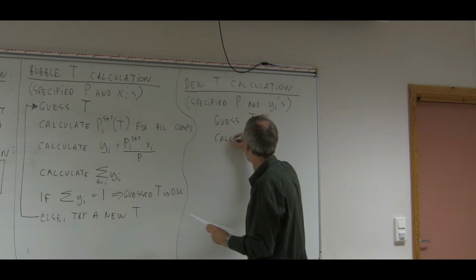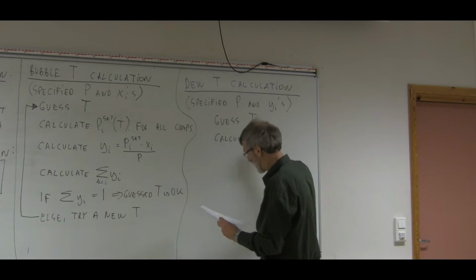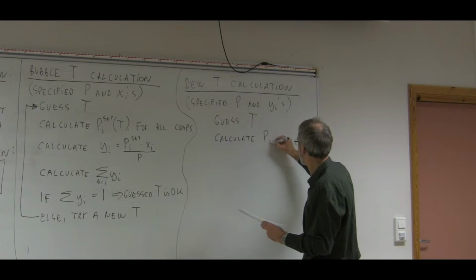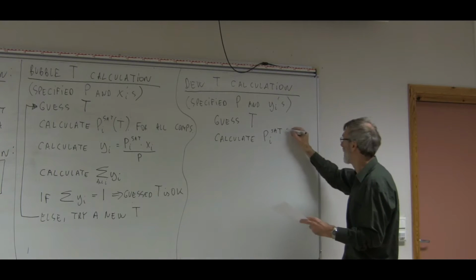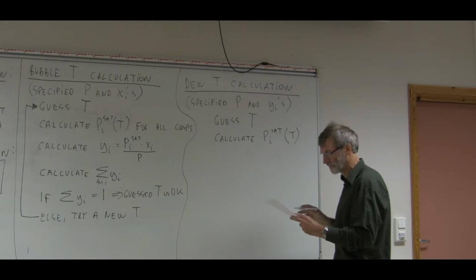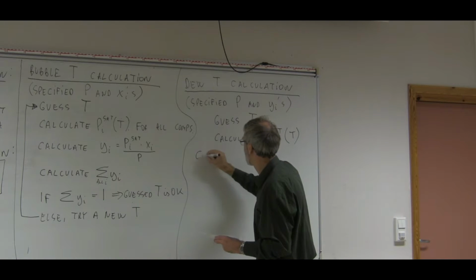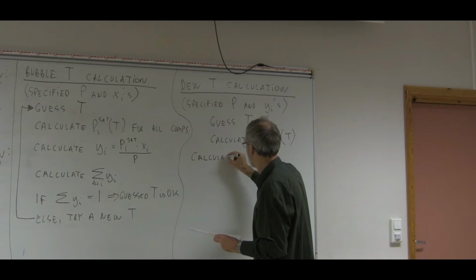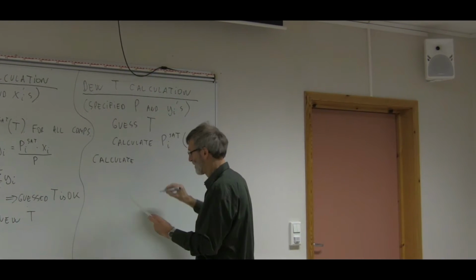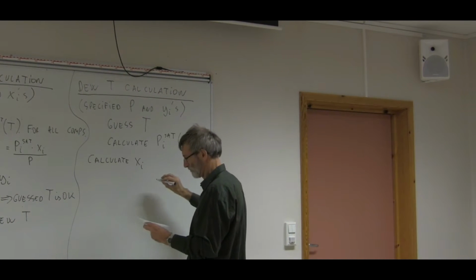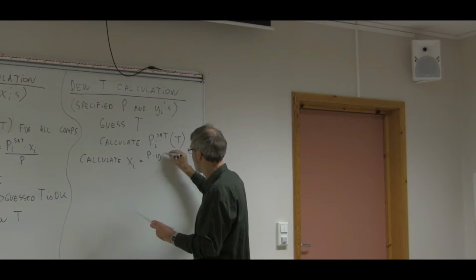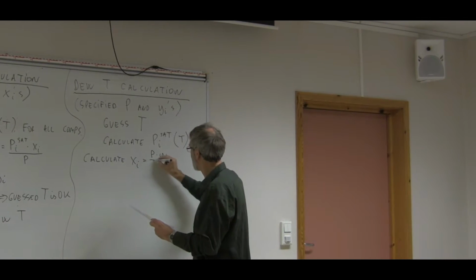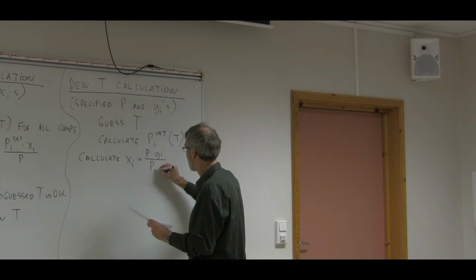then calculate the saturation pressure as a function of the temperature, then calculate xi as P times yi divided by Pi sat.